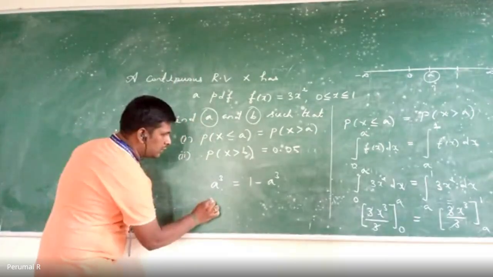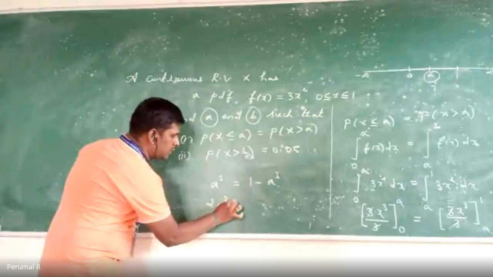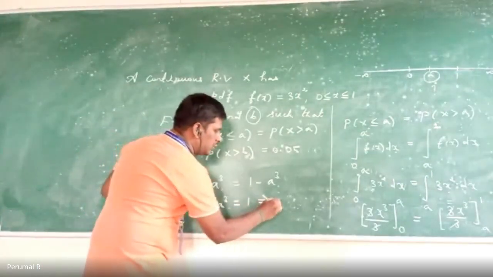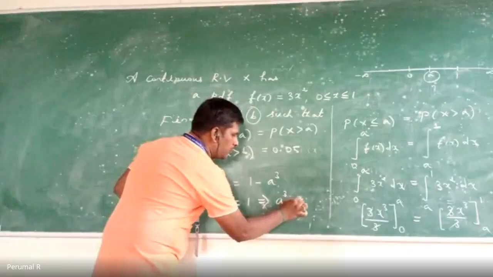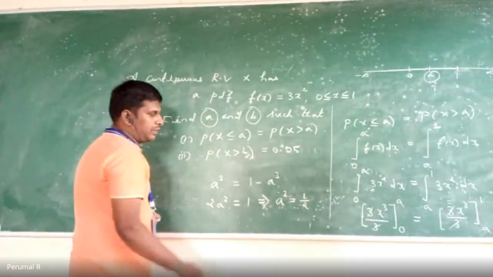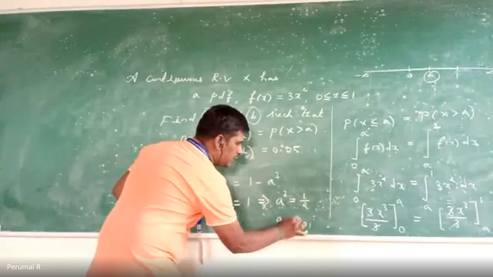Therefore, 2 times a cube equal to 1. Therefore, a cube equal to 1 by 2. Okay, so a cube equal to 1 by 2. Therefore, a equal to (1 by 2) to the power 1 by 3. Okay, something you are getting, 0.798, 0.793.